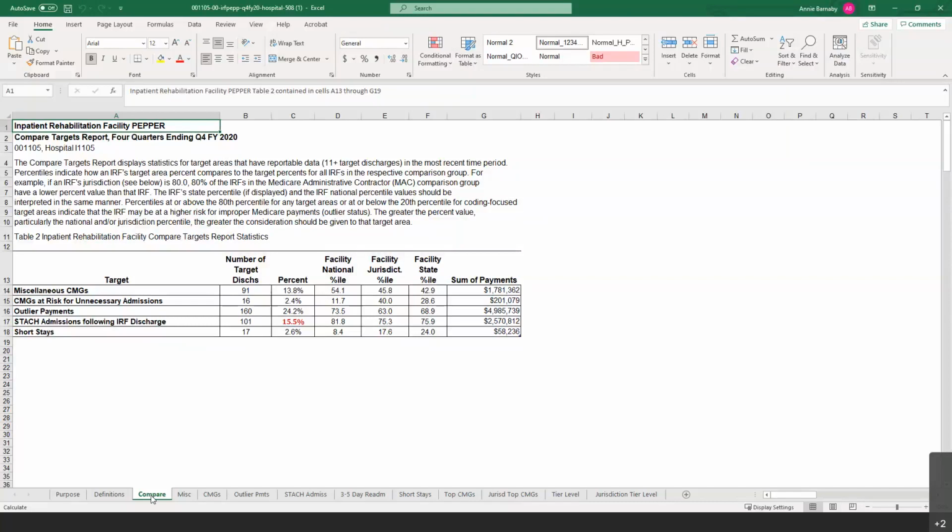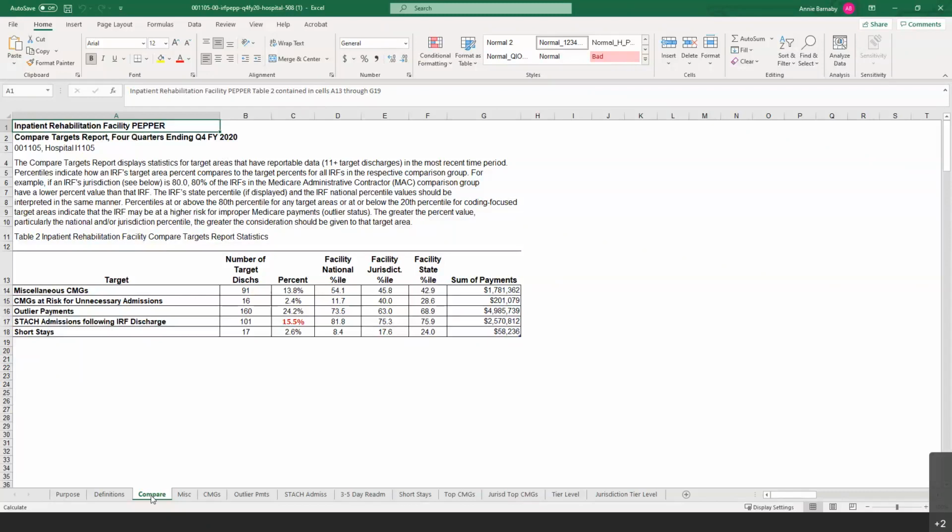The facility national percentile, so on that ladder where this facility landed, was at 54.1%. In the jurisdiction, it was 45.8, and then in the state, you can see it was 42.9. So this is a grand overview of the data for that specific target area outcome.